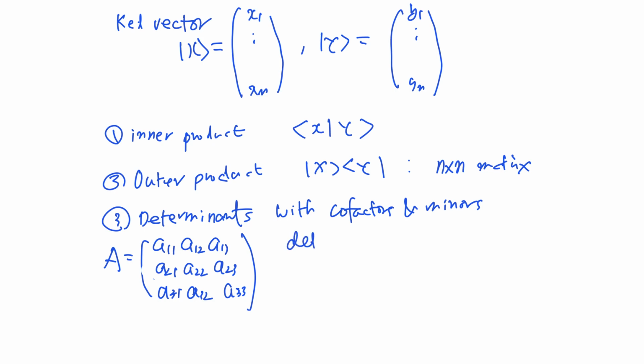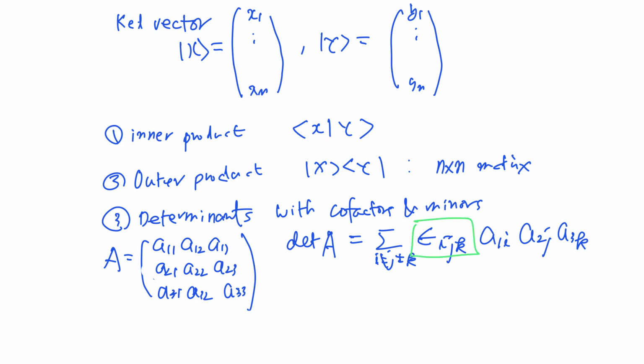Determinant A is basically the sum over i, j, k of epsilon ijk A1i A2j A3k. And this symbol has a name called Levi-Civita.